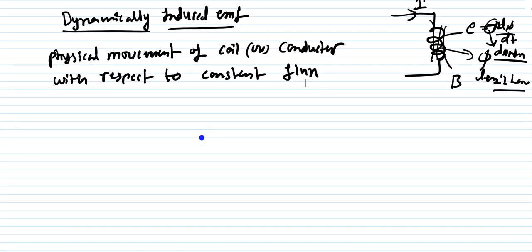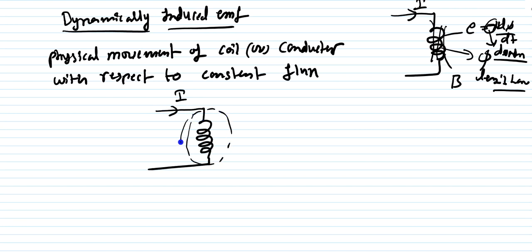What is meant by this is, suppose you have a coil like this, current is flowing, therefore it is creating a magnetic flux phi. But there is no change in this flux, there is no rate of change of flux, the flux is constant here. Then how will the EMF be induced?